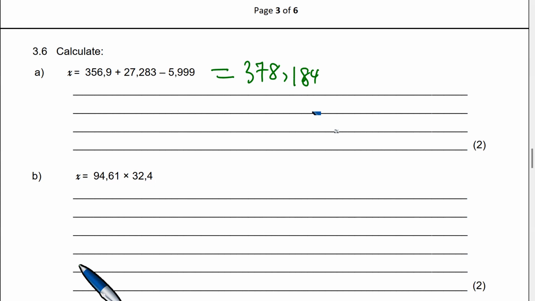B, what do you think the answer is? So is it 3,065,364? Let's check.